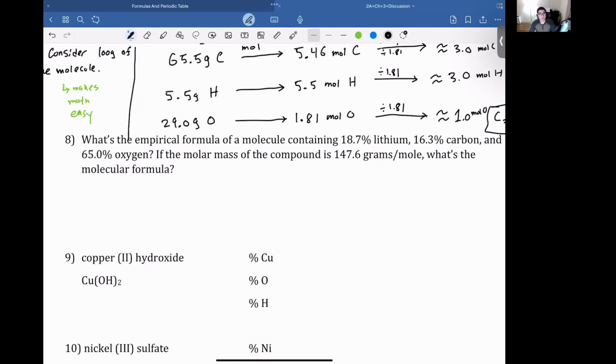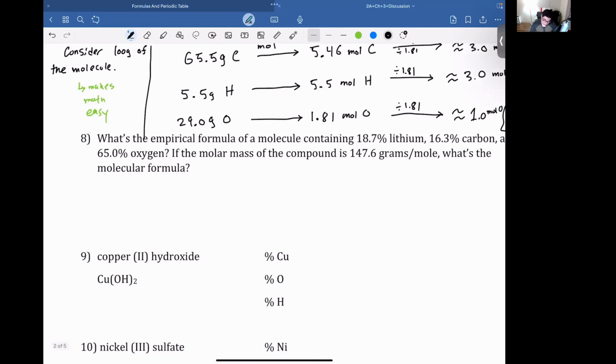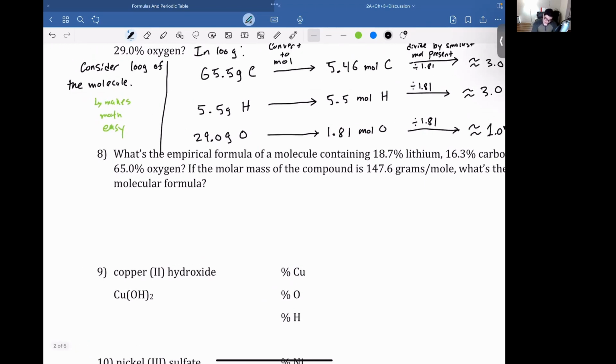For every 1 chocolate chip cookie, you have 2 oatmeal cookies. But the real ratio, what you actually have in terms of cookies, is 2 chocolate chip cookies to 4 oatmeal cookies, right? So empirical is the simplified ratio. Molecular formula is just actually what you have. So we'll figure that out at the end. First part is exactly the same.